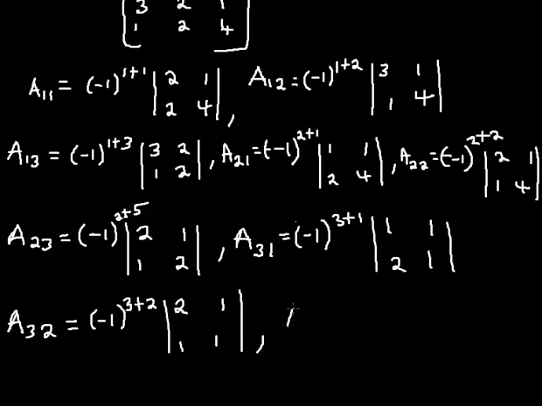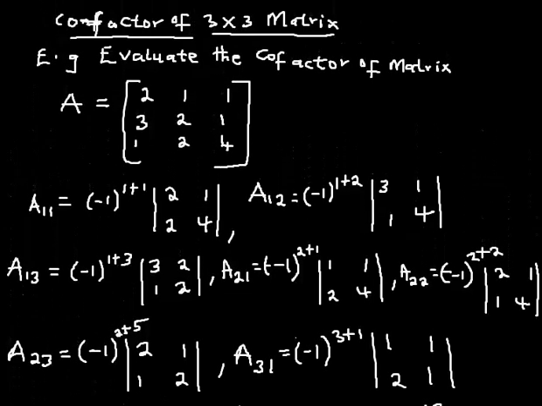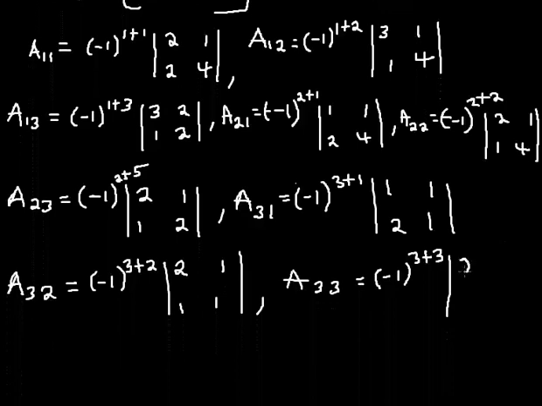Finally I have a33. That's minus 1 raised to the power of 3 plus 3. You know what we do? Cross this. Have 2, 1, 3, 2. All right, so that is all of them.